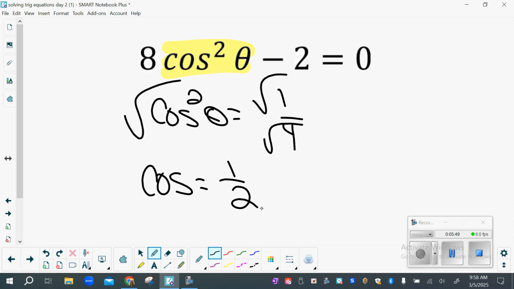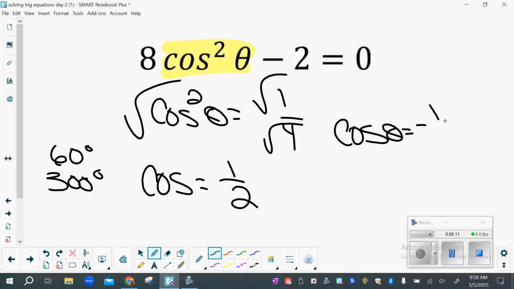If you did that, you were awesome. You looked on your unit circle and said, that's 60, and you went down to the bottom and said, that's 300. And then you were mad when I took half off, because square roots have a positive one and a negative one. So cosine theta of negative 1/2 is going to give me 120 and 240. Are we good?